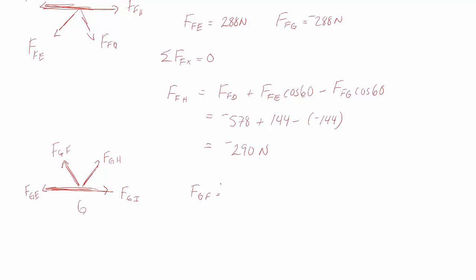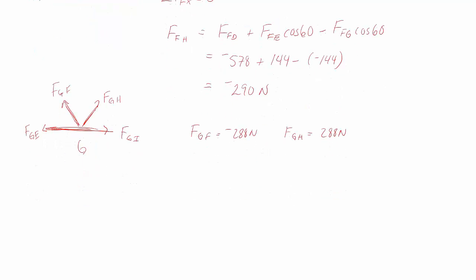FGF was a negative 288. So FGH is positive 288. Horizontally again. So FGI equals FGE plus FGF cos 60 minus FGH cos 60.